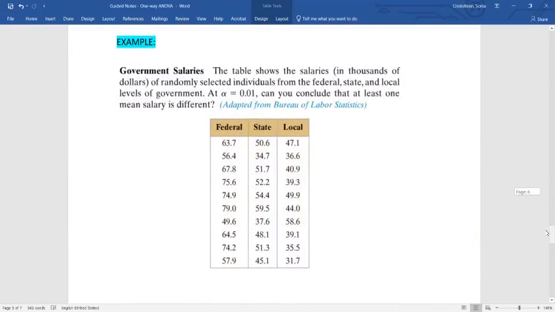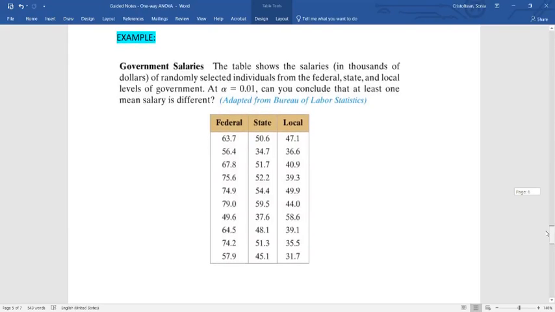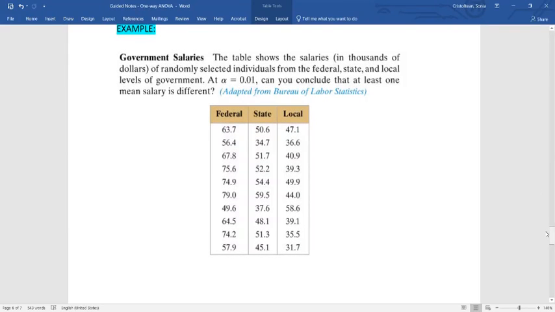Let's now go ahead and do an ANOVA test. Here is the example. Government salary. The table shows the salaries in thousands of dollars of randomly selected individuals from the federal, state, and local levels of government. At alpha 0.01, can you conclude that at least one mean salary is different? Reading this problem, you know that you have to compare mean salary for 3 different groups, which will make you think I have to do an ANOVA test.